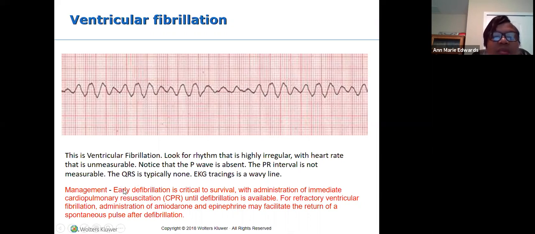Management of VFib. Early defib is critical to survival, with administration of immediate cardiopulmonary resuscitation until defib is available. So we can do bystander CPR until the defibrillation is available. For refractory ventricular fib, we have to administer amiodarone and epinephrine to facilitate the return of spontaneous pulse after defib.